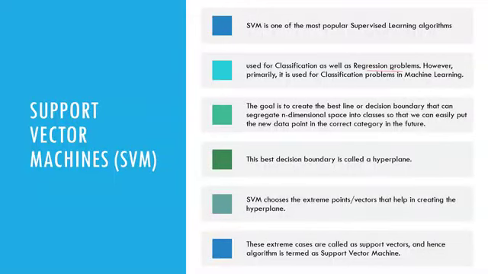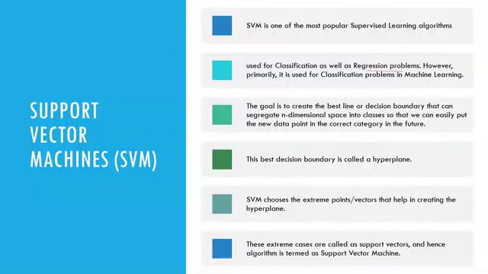Now, if it is linearly separable, it becomes very easy to deal with, because in mathematics, the linear equation is very easy to identify or calculate. So it is used for classification as well as for regression, but primarily it is used for classification problems. But even, as I mentioned, if you have a regression problem, you can try SVM on that also.